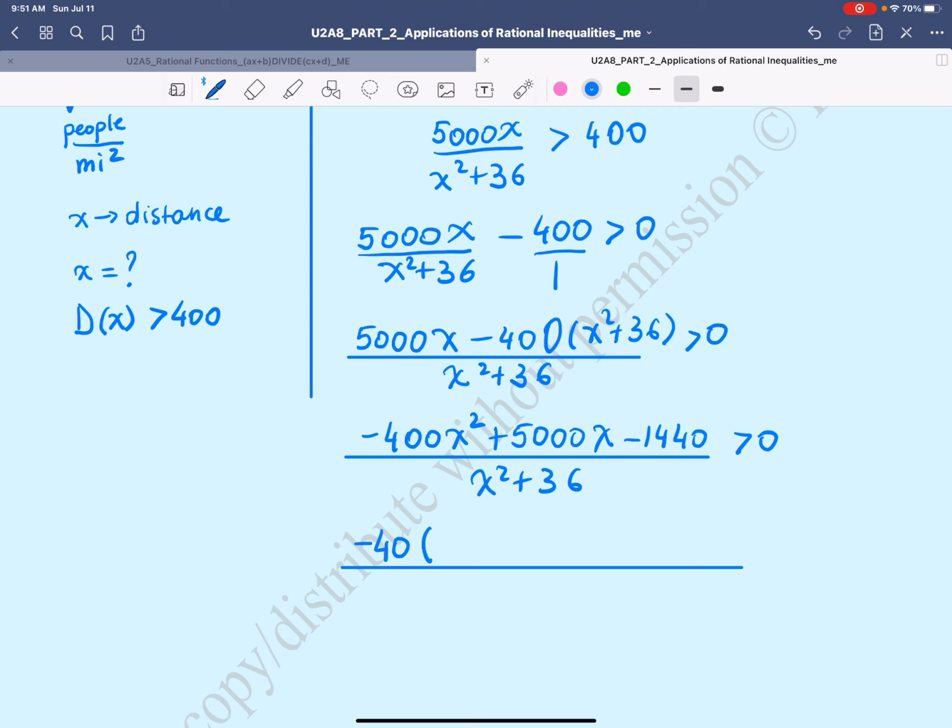Then we'll have here 10x squared plus 125 minus 125x. Remember that we are taking out a negative, so that will switch the signs of the terms inside the brackets. And 14,400 over 40 is 360. And that will be over x squared plus 36, bigger than 0.